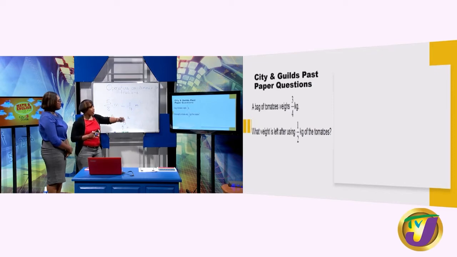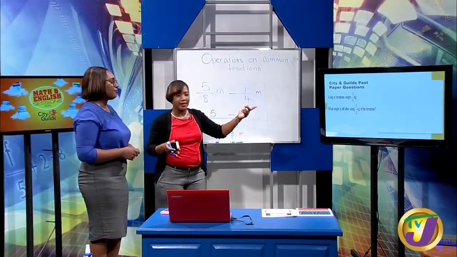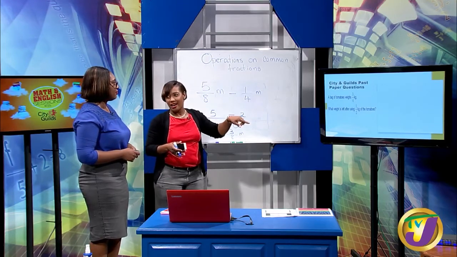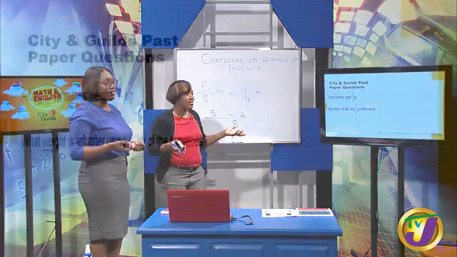Now, what weight is left after using a 1/2 kilogram of the tomatoes? Is there a relationship between quarters and halves? I think there is. So how many quarters make a half? 2 quarters. So I can just look at this and tell that a half is equivalent to 2 quarters.